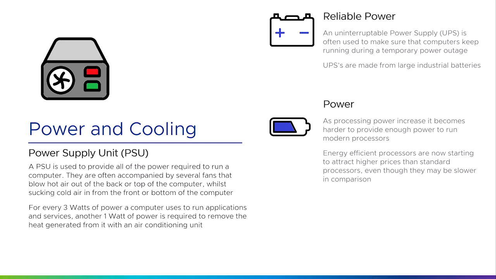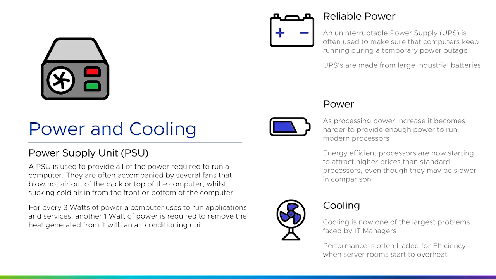So the other thing here is power. As processing power increases, it's getting harder and harder to run modern processors, and energy efficient processors are now starting to become more expensive than fast processors, even though they're obviously slower than the other processors. But the energy efficiency part has now become more important than the speed part, because most people can afford an expensive processor to put in a server, but they don't have the means to cool it down, or they're running out of capacity with air conditioning in a server room.